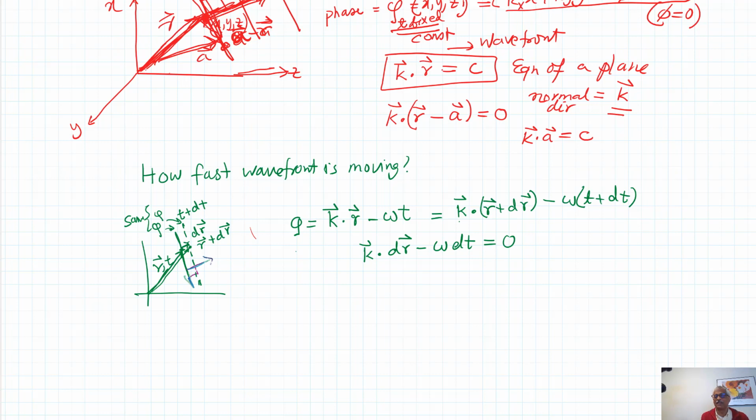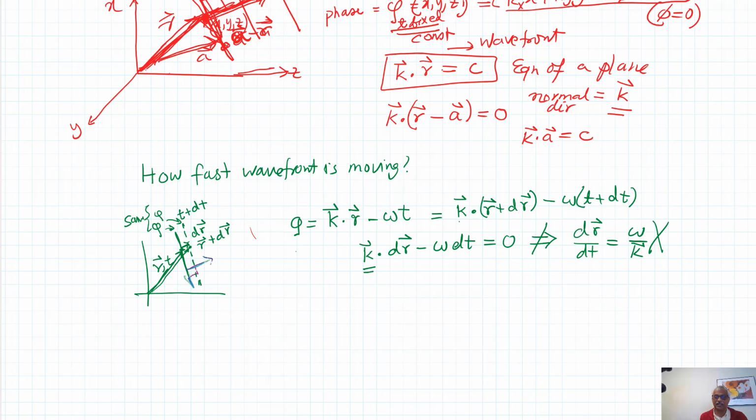Now this does not mean, okay, this is bad math, okay, that dr over dt will be the velocity equal to omega over k vector. This is stupid, okay. Here what you're getting is I have to go in the direction of k.